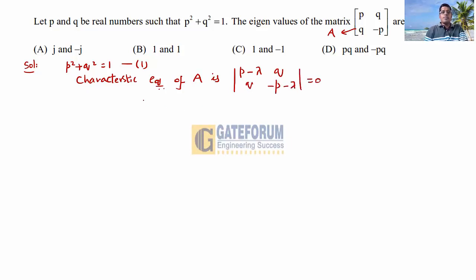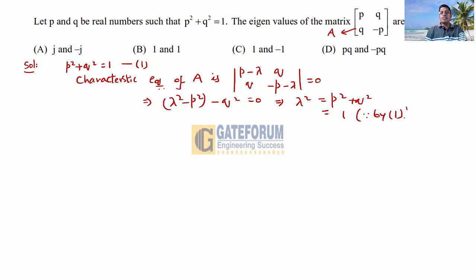So determinant of a 2 by 2 matrix is AD minus BC. I can write this as lambda square minus P square, product of these two diagonal elements, minus product of non-diagonal elements equal to 0, which implies lambda square is equal to P square plus Q square. Shift the negative terms to the right side, which is given 1, P square plus Q square value 1, since by equation 1.